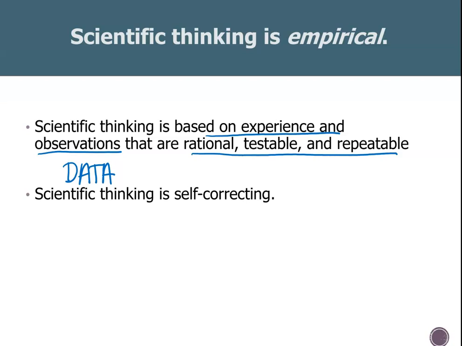So scientific thinking is also self-correcting. As you begin to study different areas, you can amass data, and that data is going to help you learn what's really going on. And sometimes the more data you get, the more you're going to realize, hey, my hypothesis was wrong. My hypothesis is not being supported here.